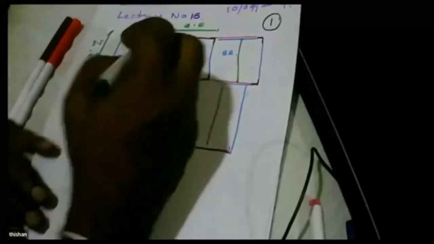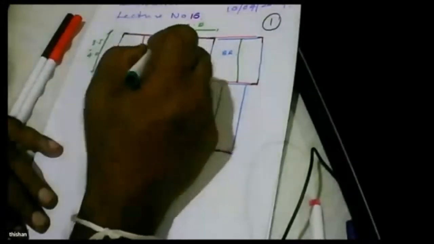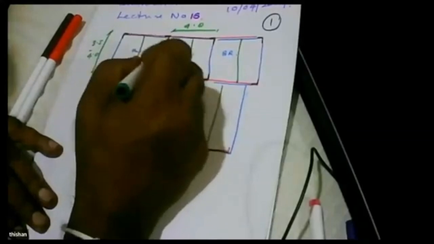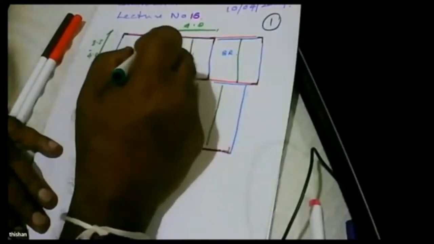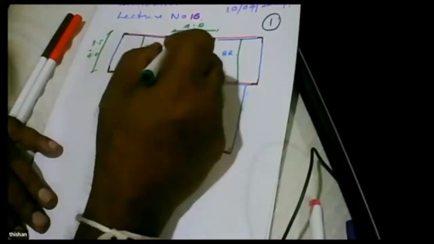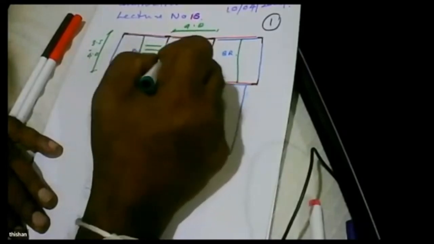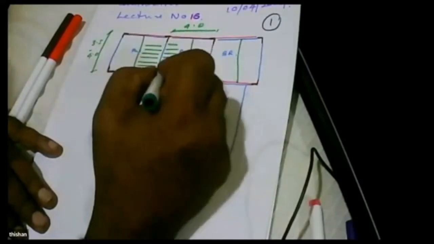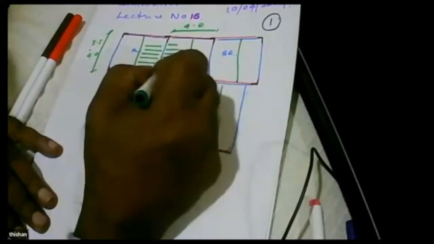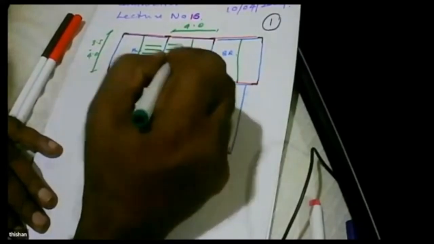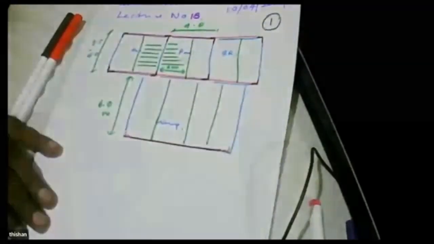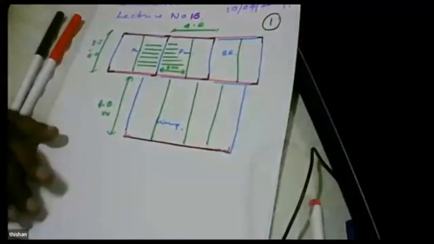So these are the masonry walls, and the masonry walls will be carrying the load of a concrete slab spanning about 2 meters. So the span will be 2 meters.